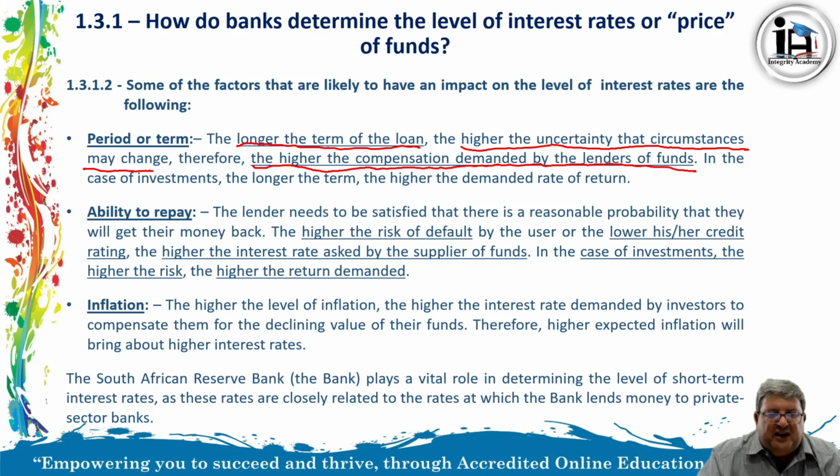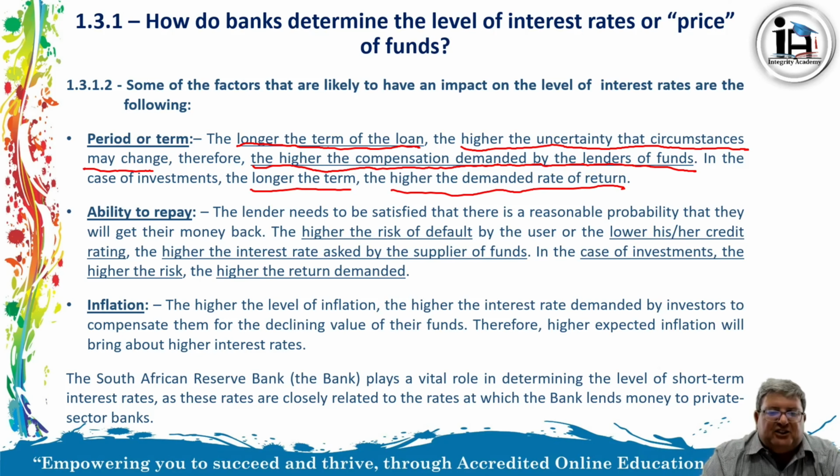In case of investments, the longer the term, the higher the demanded rate of return, because there's a higher uncertainty of what's going to happen. Is the market going to go down and crash? Is it going to go up? You don't know. You take a higher risk, you want higher returns.